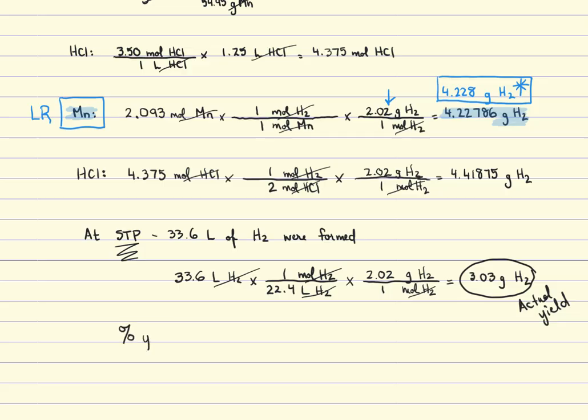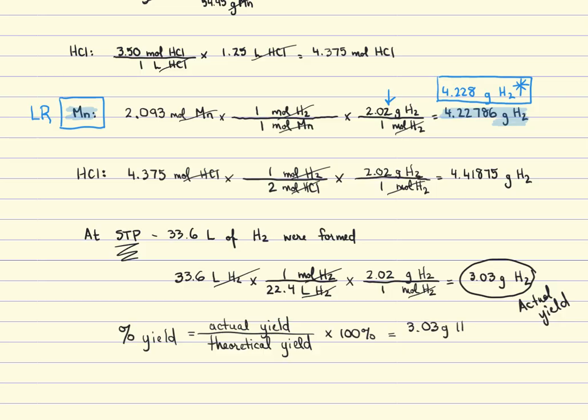So the percent yield, and you were given a formula for this, is just the actual yield divided by the theoretical yield, which we calculated above. This is if all situations were perfect. And then we multiply by 100%. So this is just like figuring out your percentage on a test.